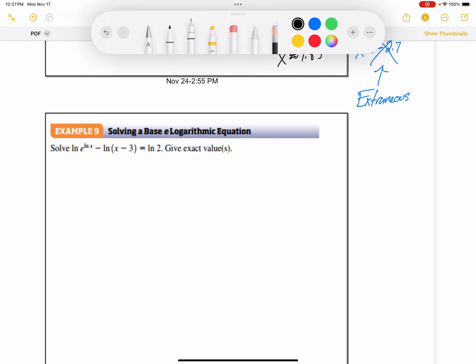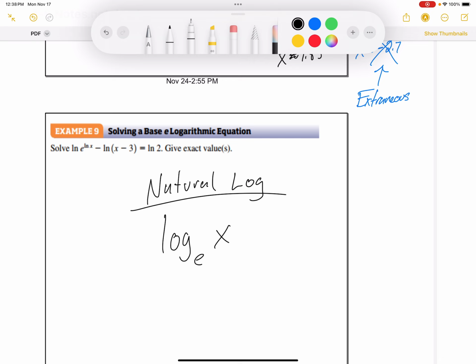Also, natural log. Natural log is log base e of x. That's the same thing as ln of x. So when you see the natural log of a, that really means log base e of a.